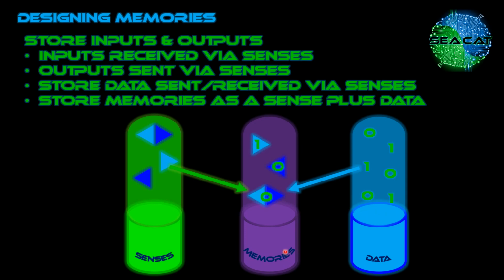So memories will end up being an input with a 1, an output with a 0, an input output with a 0, or any of those combinations. It could be an input output with a 1, could be an output with a 1, but for simplicity's sake, I've just got that. So this is kind of the core 3 databases that I will be having for storing a memory when you receive it.